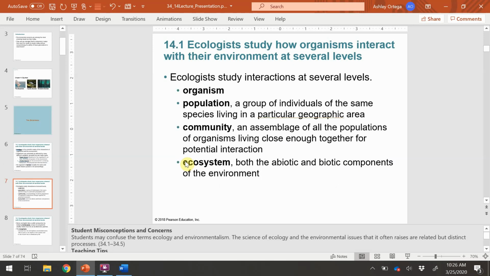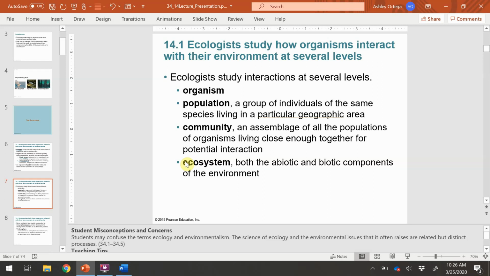All right, so looking at ecology can study at different levels, just like the different levels of biological life. You have different levels of ecology. And first, starting out is the organism. So that is studying the organism and how it interacts with the environment.